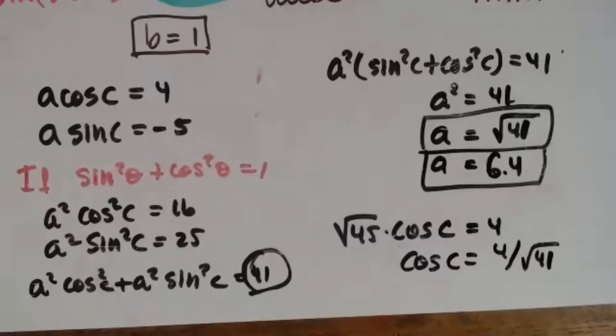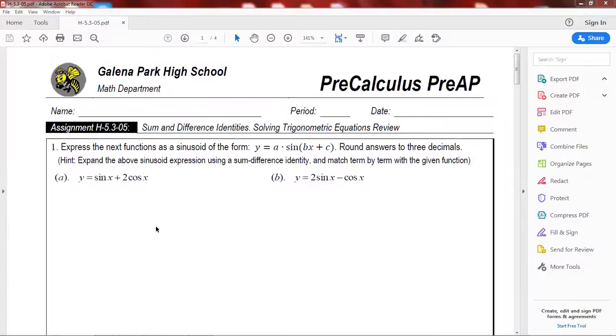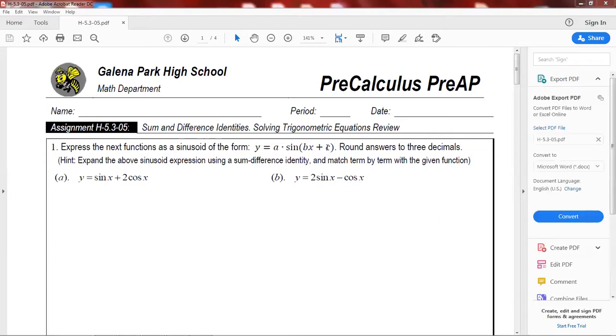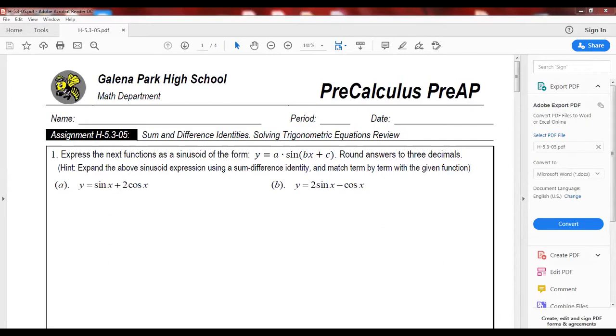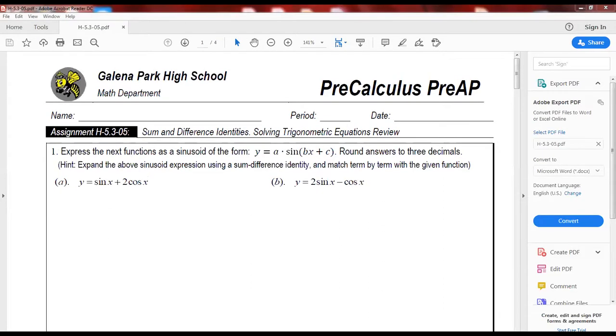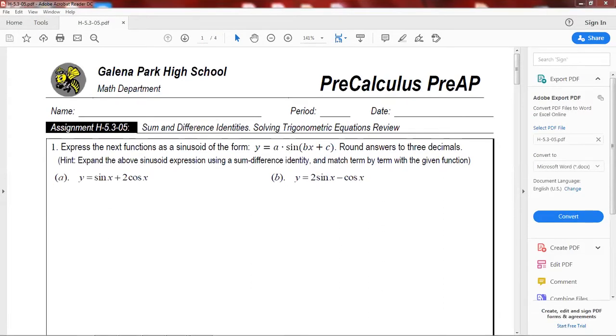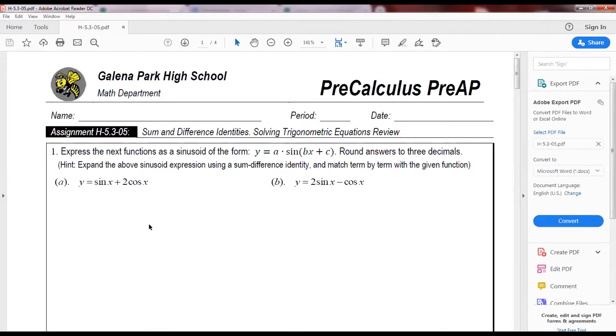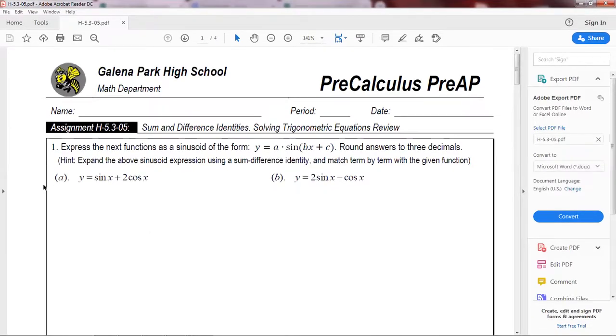Okay, here is the file. Here is your homework, you see. Express the next functions as a sinusoid in the form y equals sine bx plus c. Round your answers to 3 decimals, so I did it 2, but you can do by 3. Use a calculator that can be the Desmos, right? You have here Desmos. You know that you have the graphing calculator, or you have the scientific calculator.